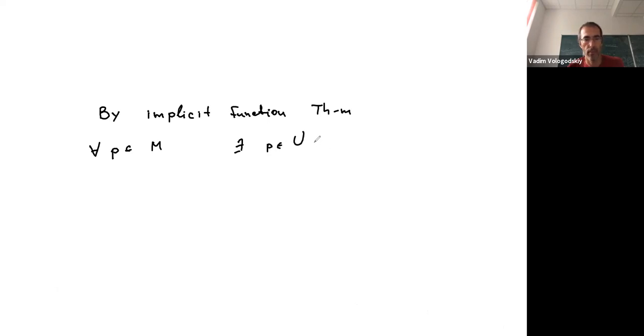So by the implicit function theorem, for every point in M, there exists an open neighborhood U in Rn such that M is the graph of a function.